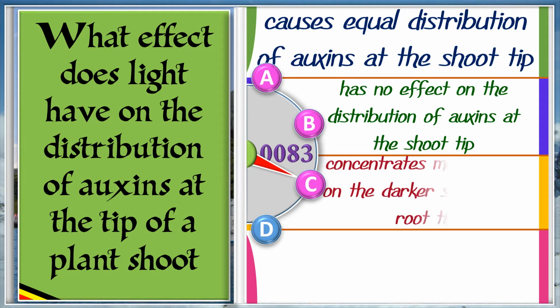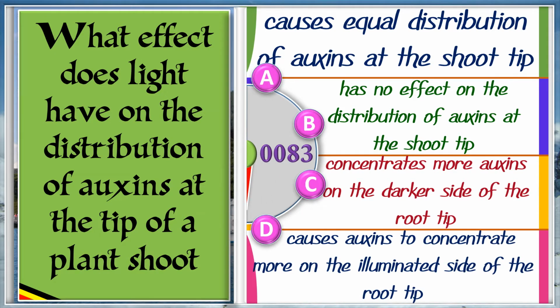C. Concentrates more auxins on the dark side of the root tip. D. Causes auxins to concentrate more on the illuminated side of the root tip. And the answer is A. Causes equal distribution of auxins at the shoot tip.